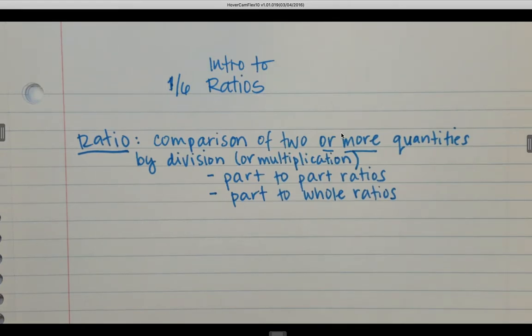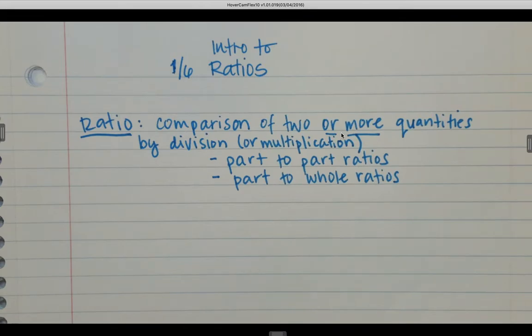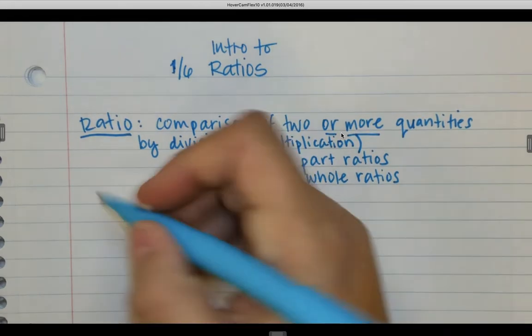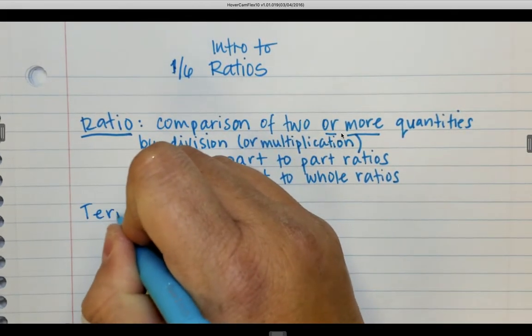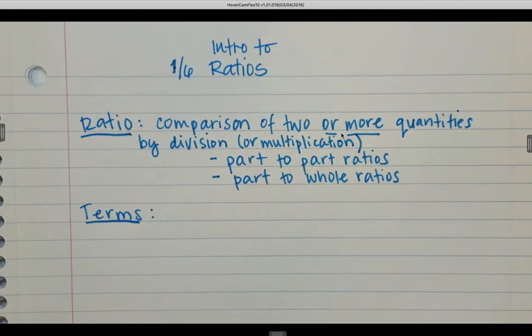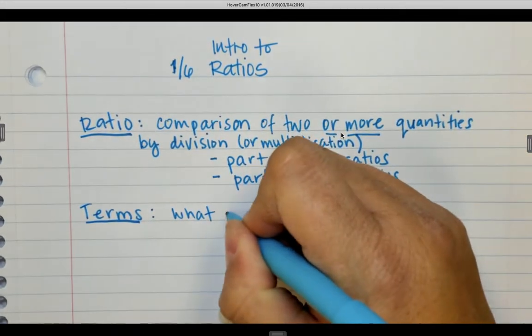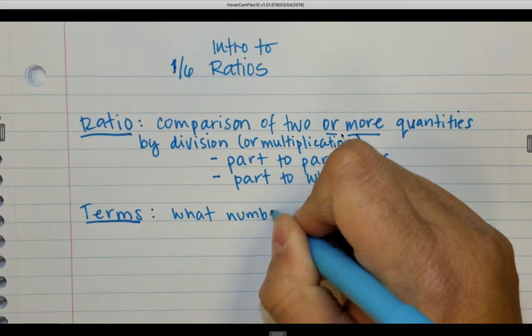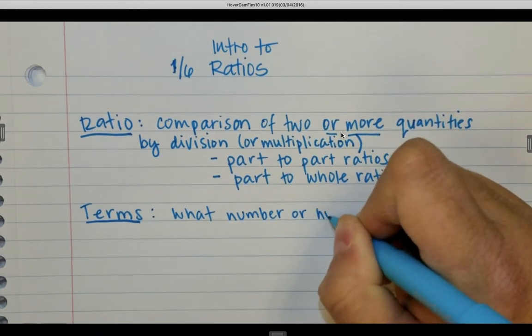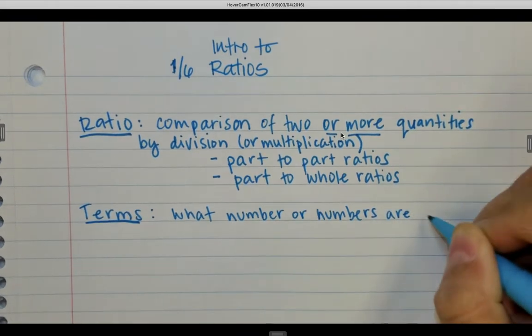One more word I'm going to define, and you'll see in your textbook that it might ask you to write what the terms of the ratio are, and kids sometimes get stuck when they come upon that word terms, and it just means what number or numbers are being represented in the problem.